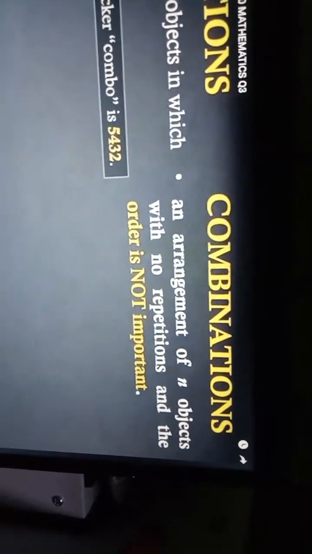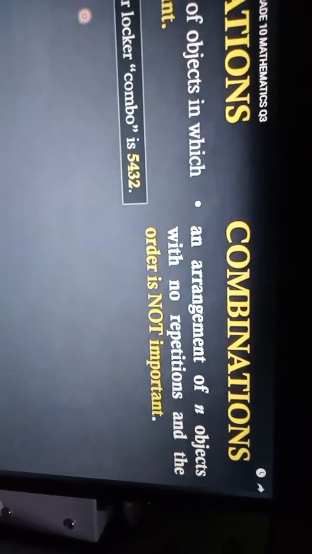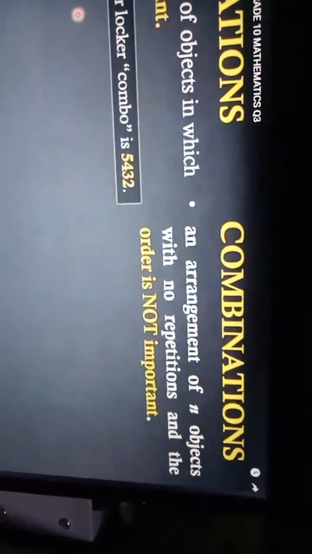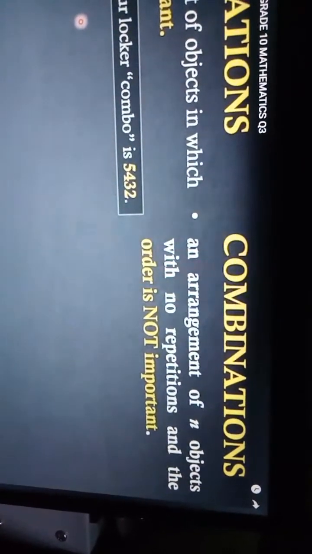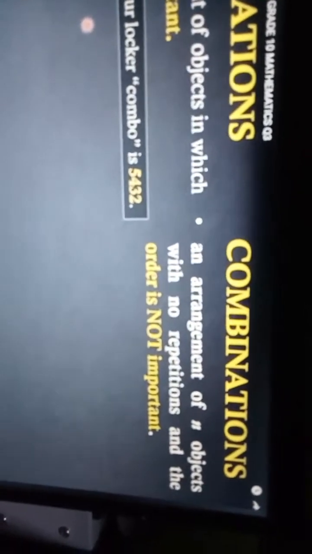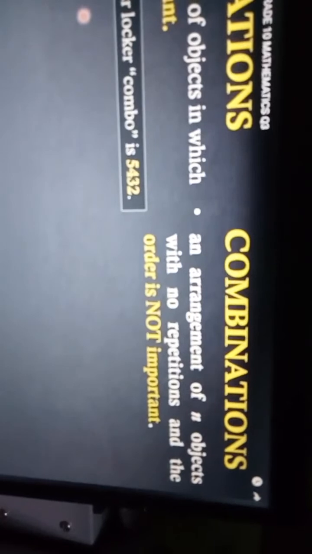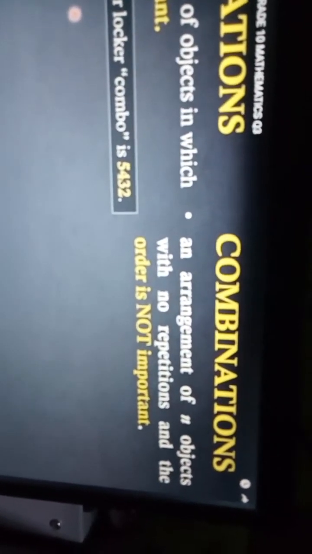So that is small n, capital C, small r. nCr is equal to n factorial all over the quantity of n minus r factorial times r factorial. So that is the formula for combination.